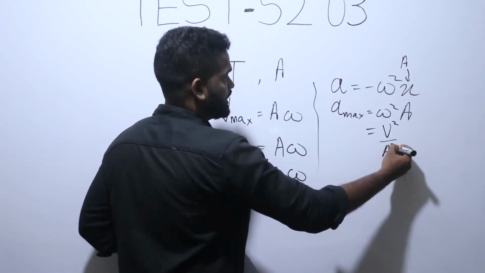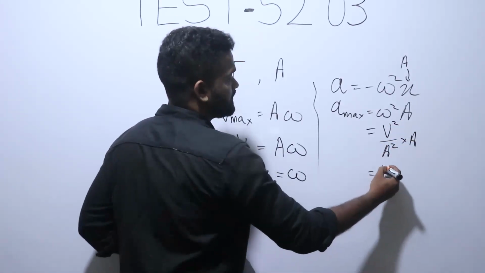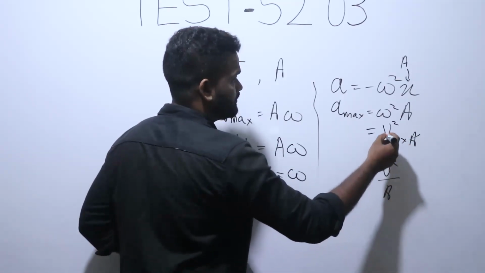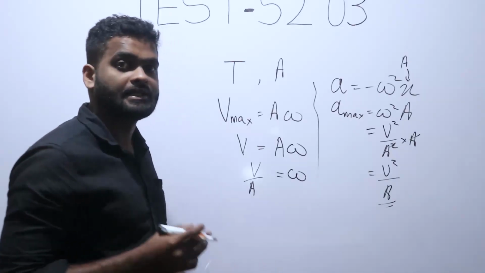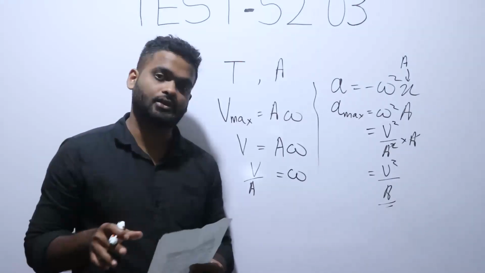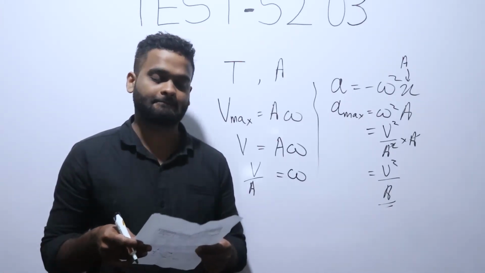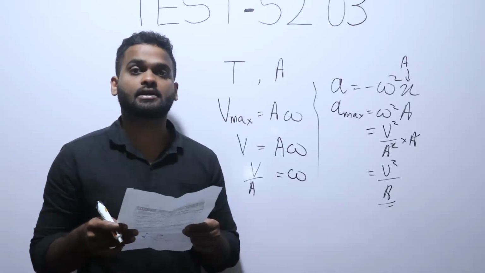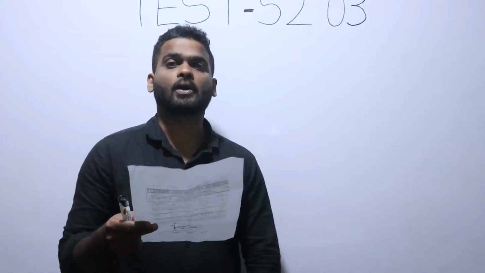So this becomes V squared over A squared times A. So this is answer 1A, V squared divided by A. That is the maximum acceleration, V squared over A. So that is the answer to this third one for the fourth question. Fifth question.